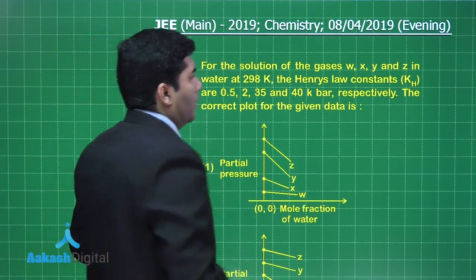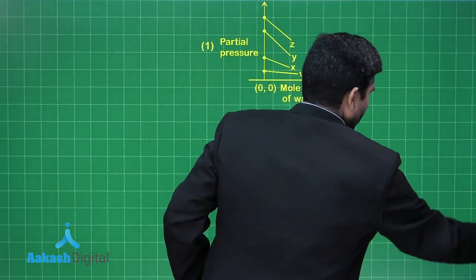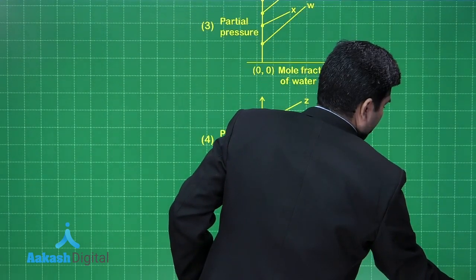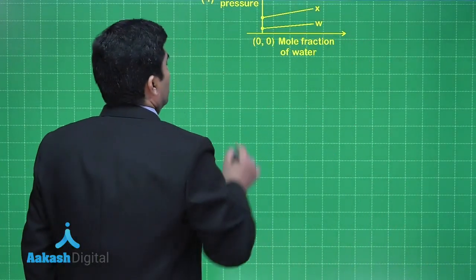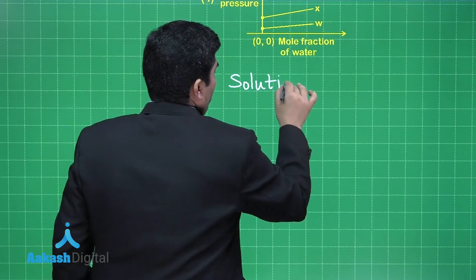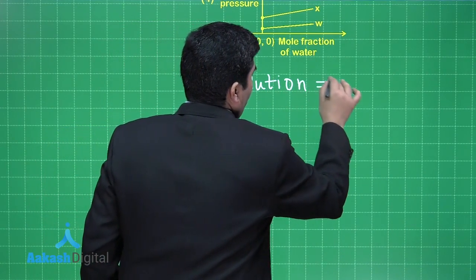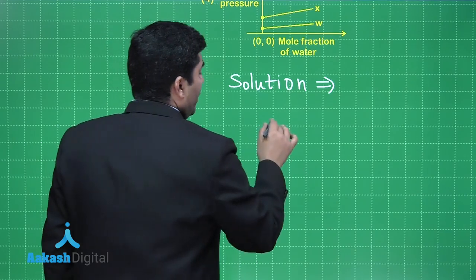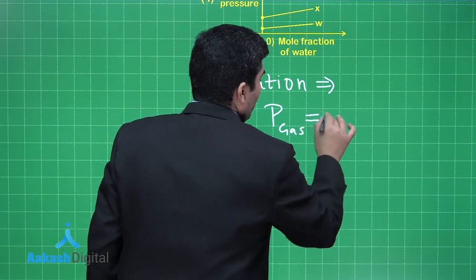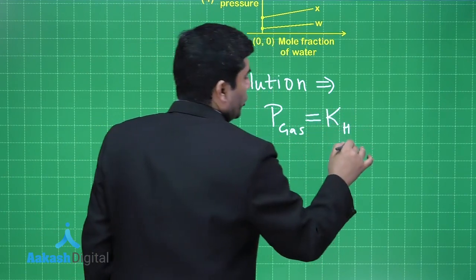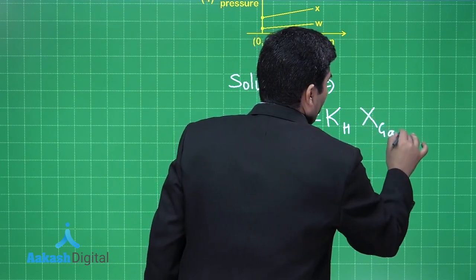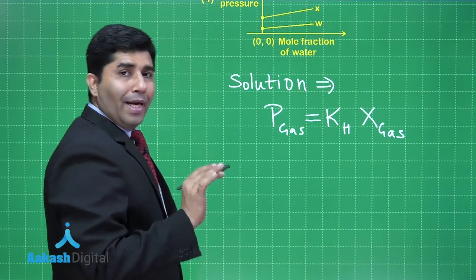So let's start the solution. Now we know that by Henry law, the pressure of the gas is equal to KH and mole fraction of gas, right?